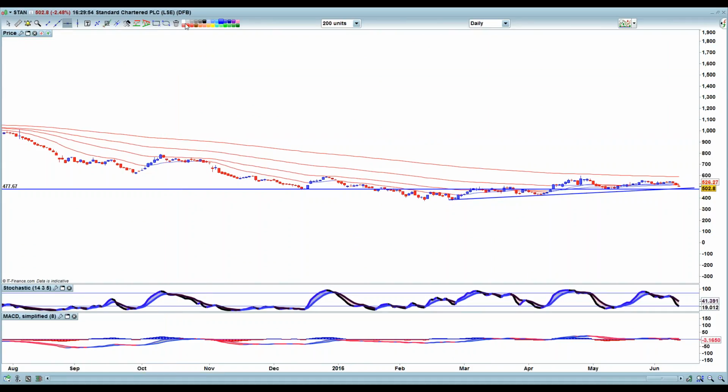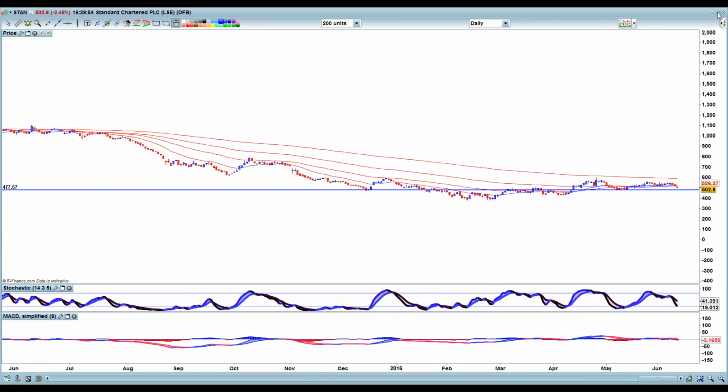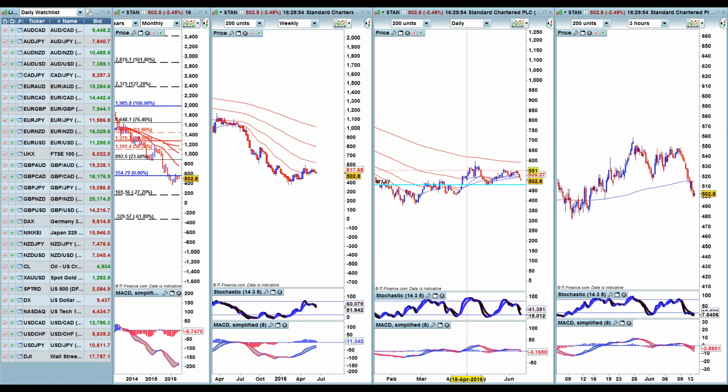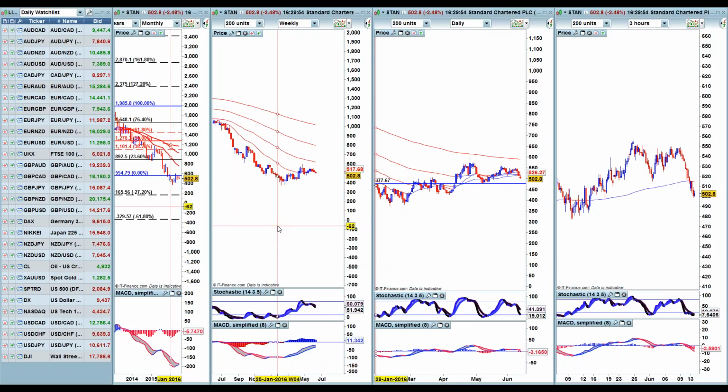In fact, I'm going to leave that line out at 477. Let's see if I can see 477 on that one. So given the sort of climate at the moment, I'm going to be very, very patient on that. I'm going to see if that can do something. Alright, any questions? Anything you want me to go over?